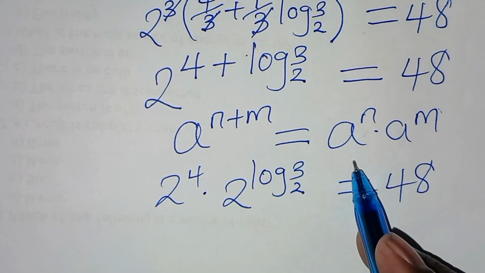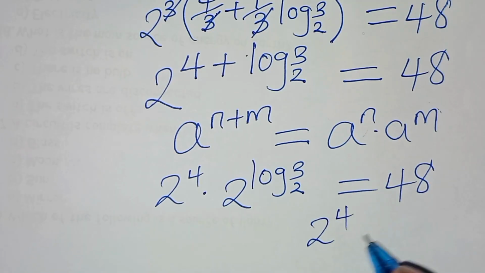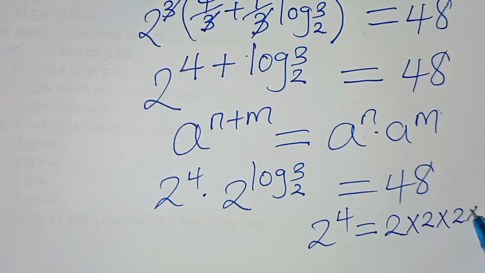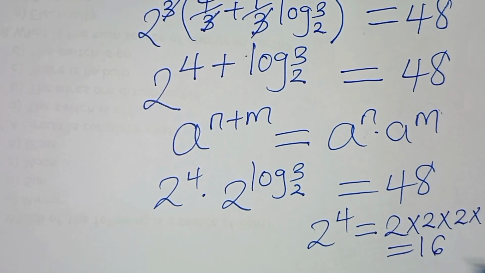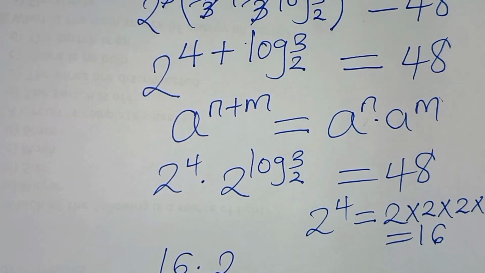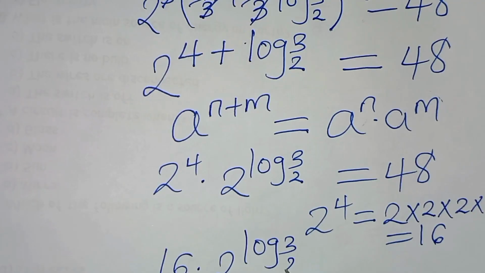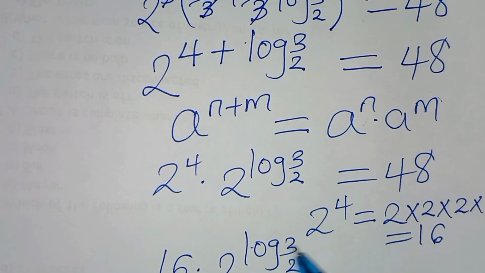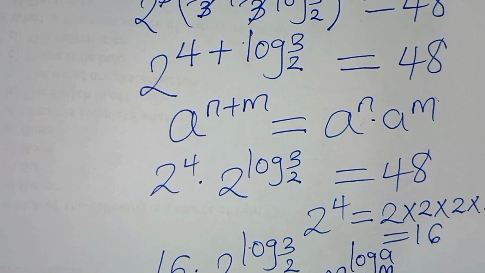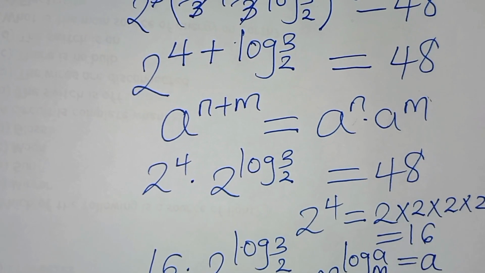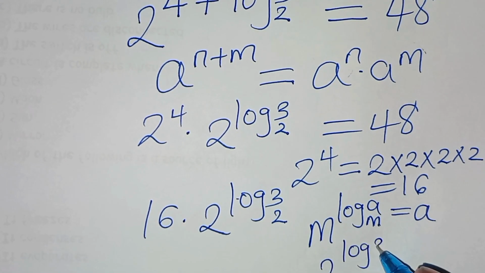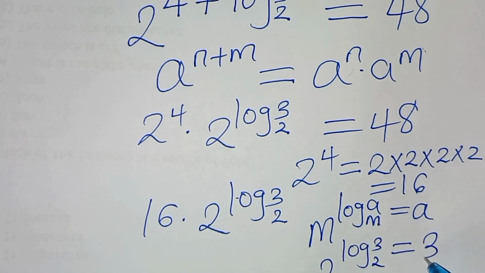So the next step, we have 2 to the power 4, which is 2 times 2 times 2 times 2, equal to 16. So now we have 16 multiplied by 2 to the power log 3 to base 2. Now 2 to the power log 3 to base 2 is in the form of m to the power log a to base m, which gives us a value of a. That means 2 to the power log 3 to base 2 gives us a value of 3.